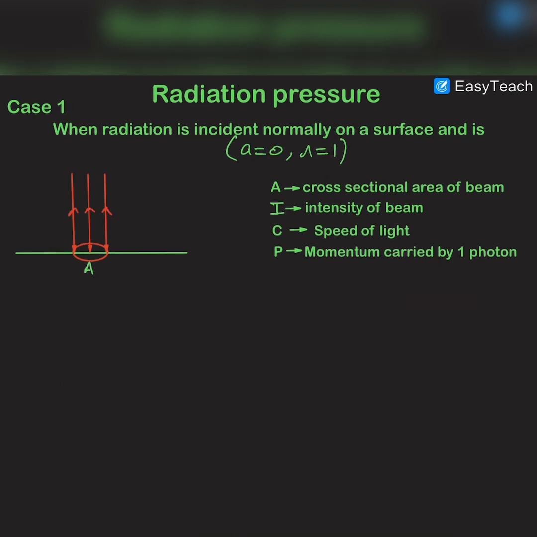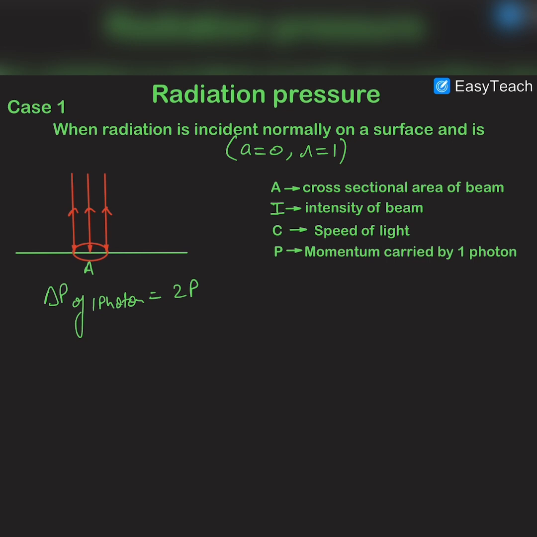Now let us see the second case. In this case, all the incident photons are reflected back and none of them is absorbed. The change in momentum delta p of one photon will be equal to 2p, because the photons fall on the surface with momentum p, and the collision of photons with any surface is always elastic.